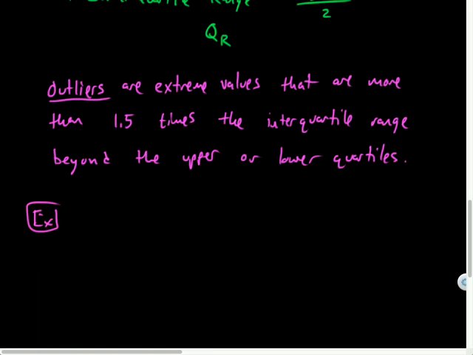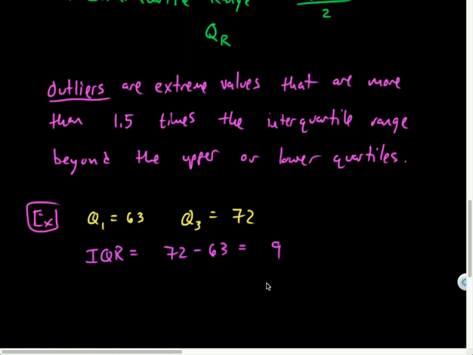So if Q1 is equal to 63 and Q3 is equal to 72, what is the interquartile range for this? Yeah, 72 minus 63. So that's 9, is it?